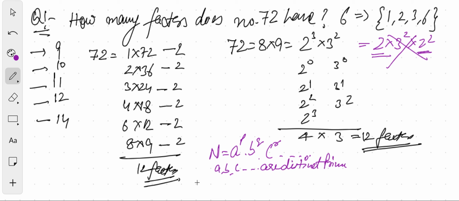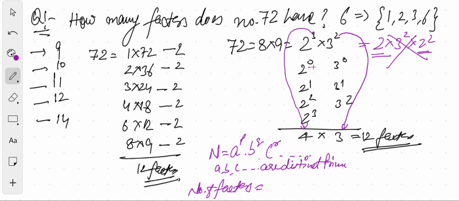So we write it this way, and then the number of factors can be calculated. Look at it carefully. When the power was 3, we got 4, and when the power was 2, we got 3. The reason is we are starting to count from the power 0. Similarly, in 100, it was 2 square times 5 square, and we got 3 into 3, that is 9 factors.